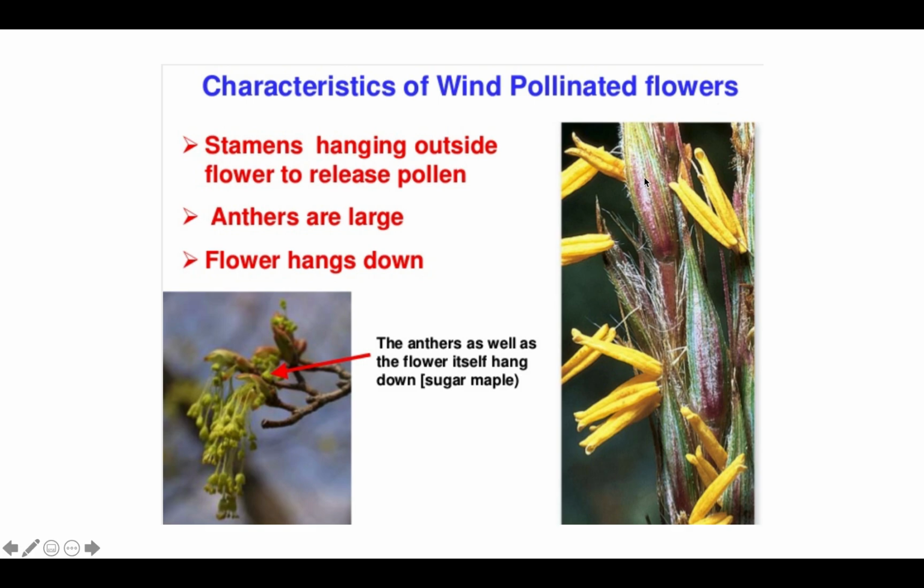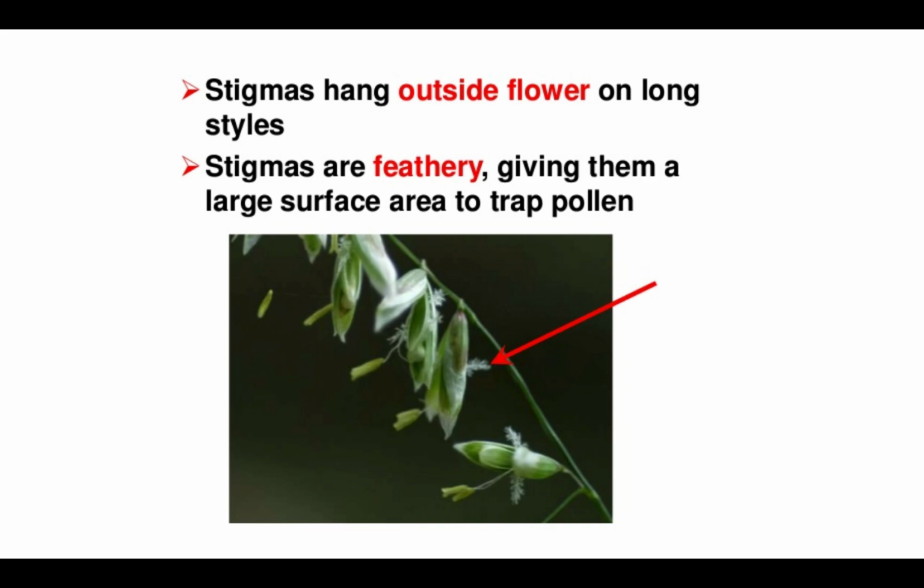Their anthers are large, and the flowers usually hang down so that it could be easily transported or transferred. An important feature also is that the stigma has a feathery structure that helps stick the pollens into it.